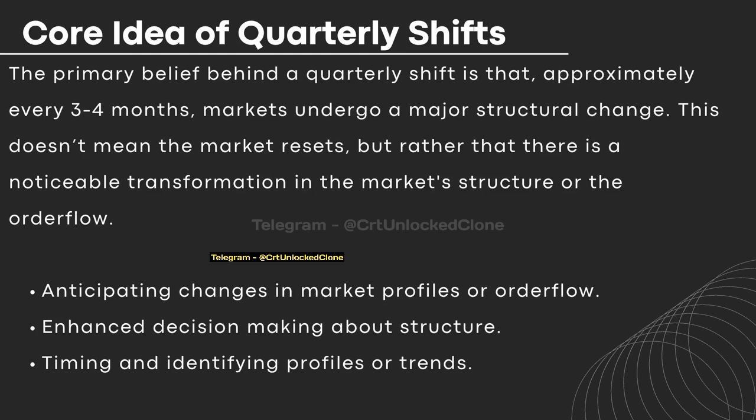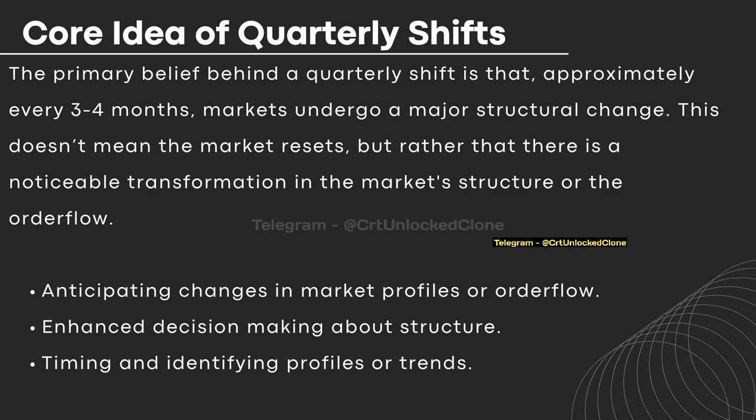If the market has moved in bearish order flow for the past 3 to 4 months, then there is a high chance that now it can have a major structural change and it can transition into a bullish order flow if price tests a key level and there is maybe an SMT divergence there or so on, right? This is what this idea tells us, right?